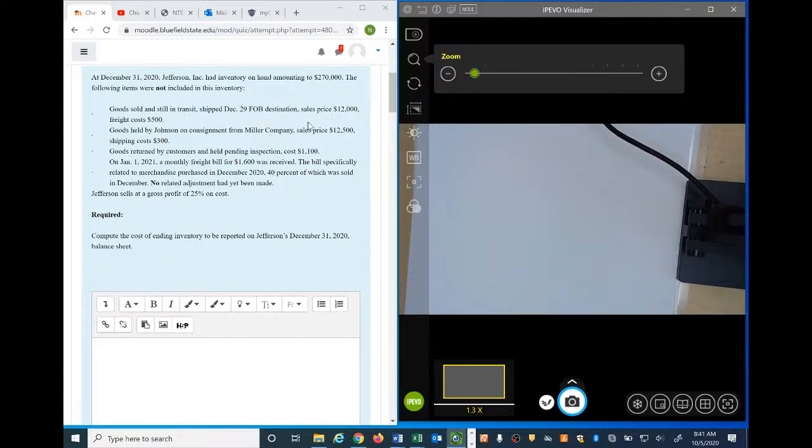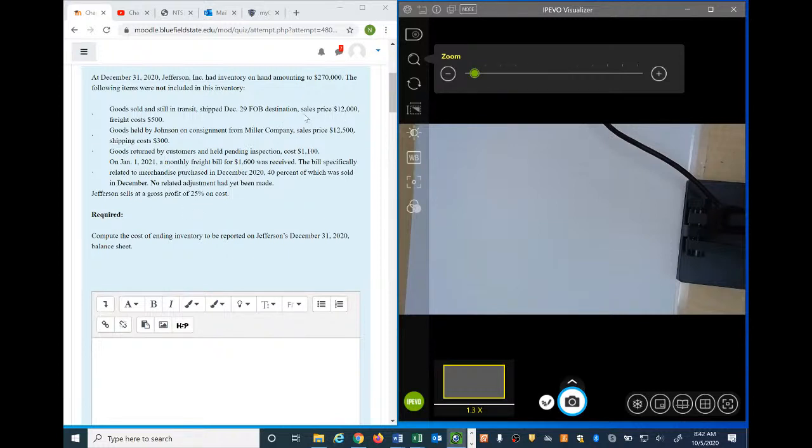All right. So what amount should we keep in there? Remember that we have a gross profit of 25% on cost. So how would we go about getting our cost of inventory? Because right now this is our sales price, so we have to take out that 25% markup. How would we do that? The percentage markup is 25%, right?